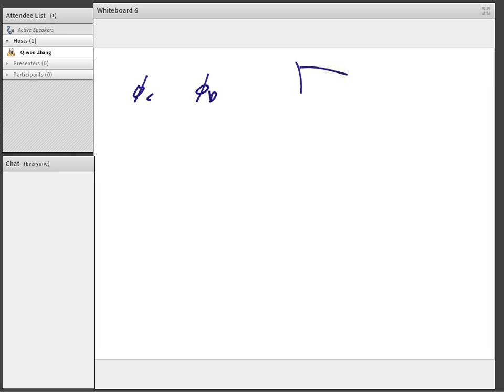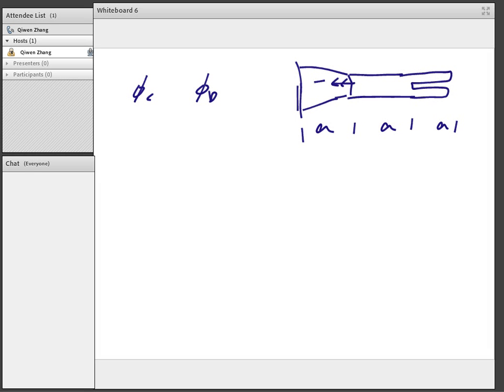So let's draw this again. This is A, and the torques are T0, T0, and 2T0. We know that the rotation for a bar segment is equal to T times length divided by G IP, right?